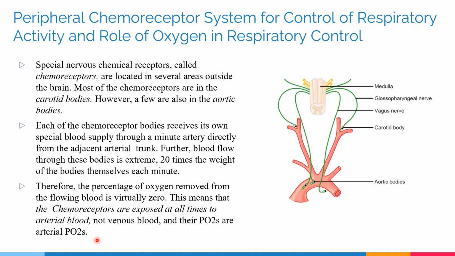Thus, when blood flows through the carotid and the aortic bodies directly, the blood that is flowing through them is the arterial blood. That is, this blood has not undergone any capillary exchange, and the nutrients present in the blood are the same as they were when it was pumped out of the heart.